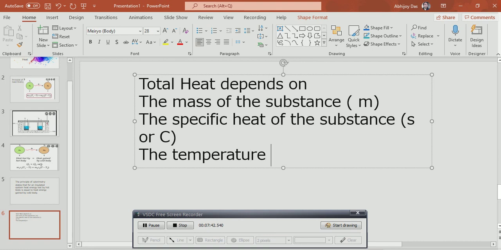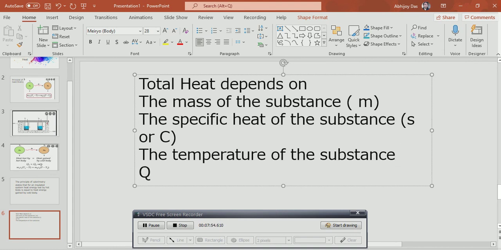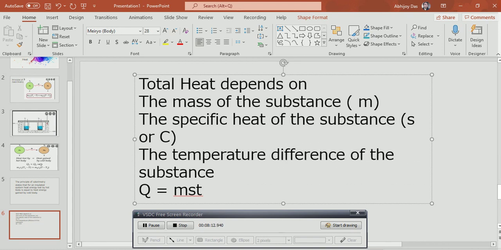What is the difference between ordinary temperature and temperature difference? Suppose previously the temperature was T equal to 100 degrees Celsius.